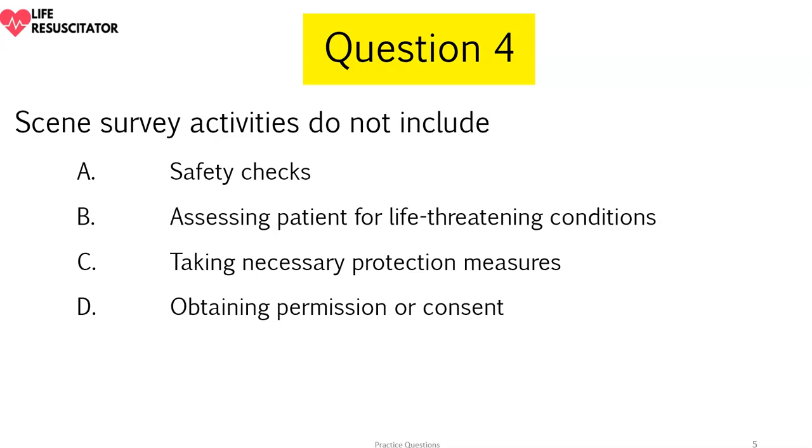So which of these is not part of scene survey activities? Which of these options should not be part of what you do when you conduct a scene survey? All right, so let's go to question number 5.